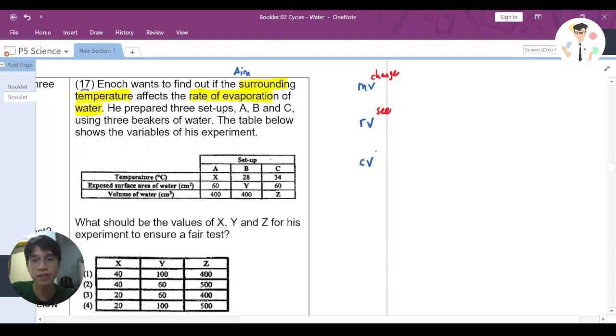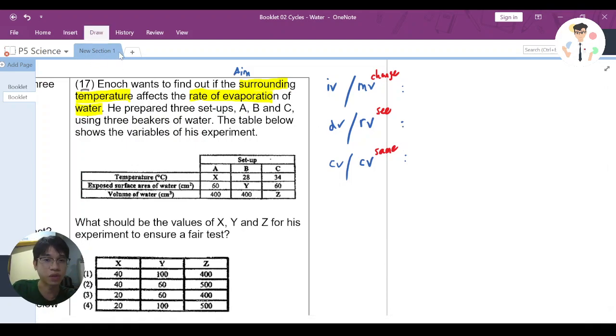And constant variable is something we need to be the same. The other name of MV, manipulated variable, is independent variable. Another name for RV is dependent variable. There's actually another name for constant variable, it's called control variable, if you want to know. Anyway, these are the three things we need to first identify when we do this question.